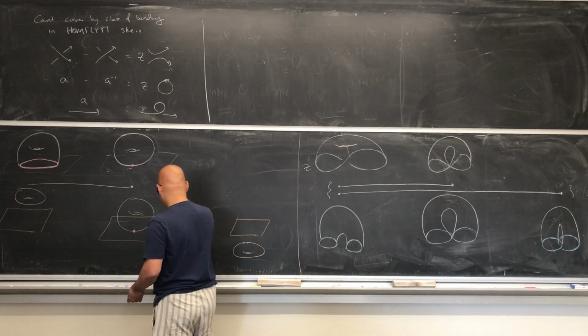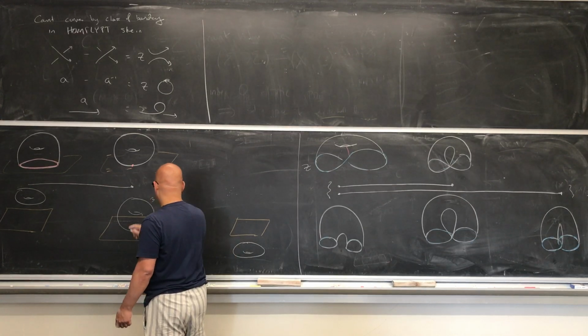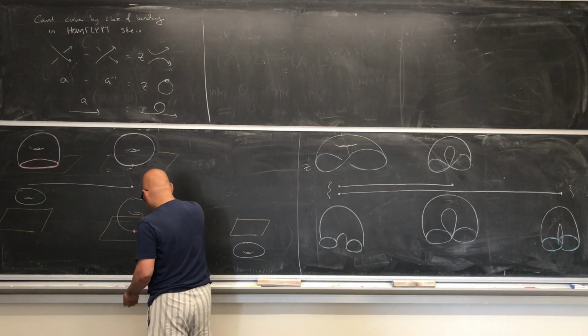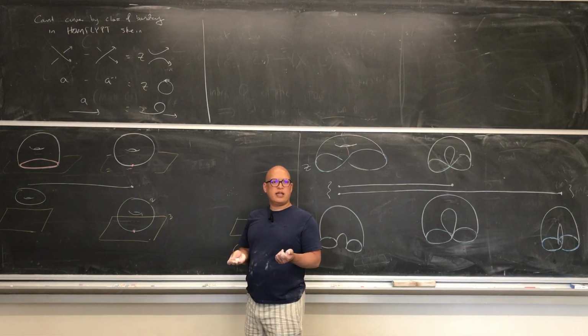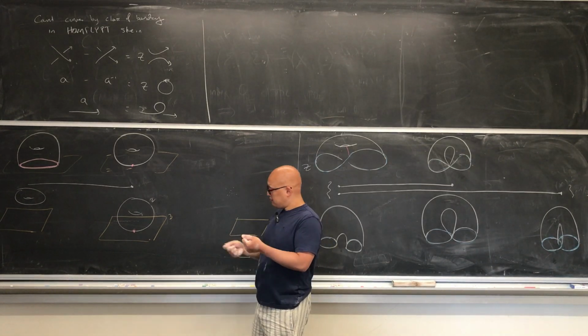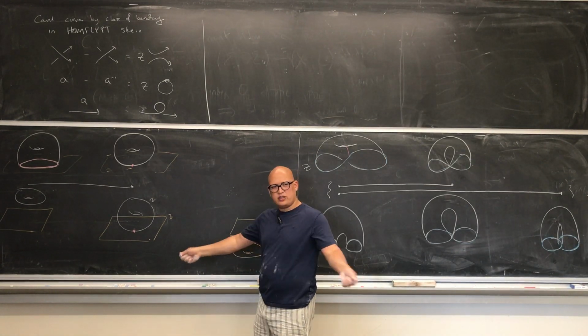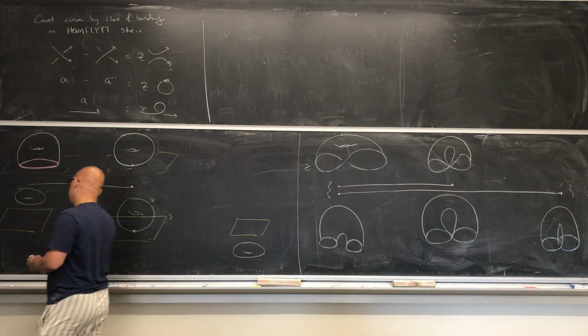This is a two-dimensional locus. This is a three-dimensional locus. And they're in a six-dimensional space, so you wouldn't expect them to intersect. So they intersect accidentally in codimension 1 in a one-parameter family.